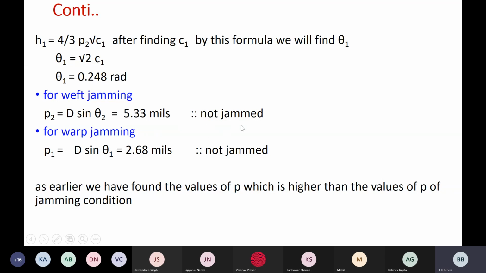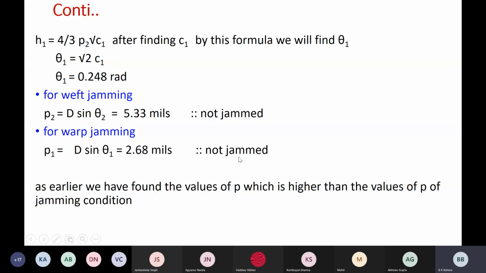That means it is not jammed. Similarly, for warp jamming, P1 is equal to d sin theta 1. Substitute the theta 1 value from here. You find this value, and compare with the P1 you calculated. Also, you will find it is not jammed in the warp direction. If the fabric is jammed neither in warp nor in weft, obviously it will not be jammed as a whole. So it is not a jammed fabric.